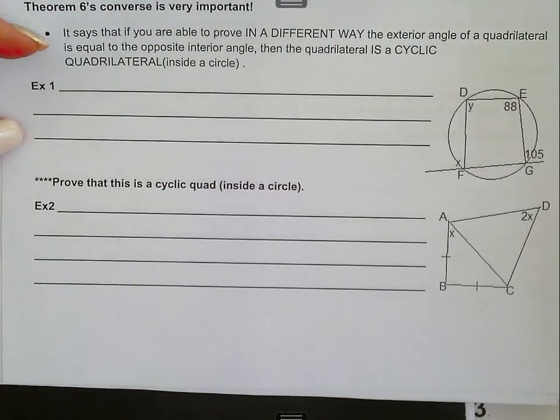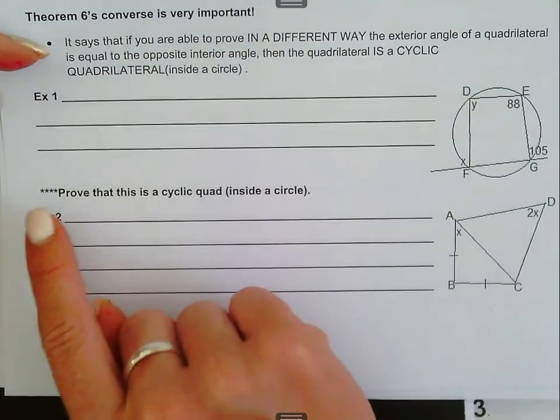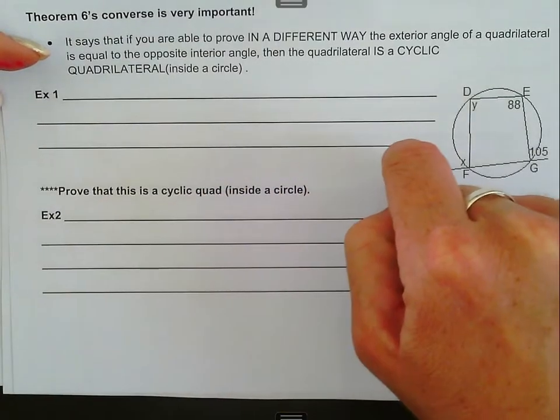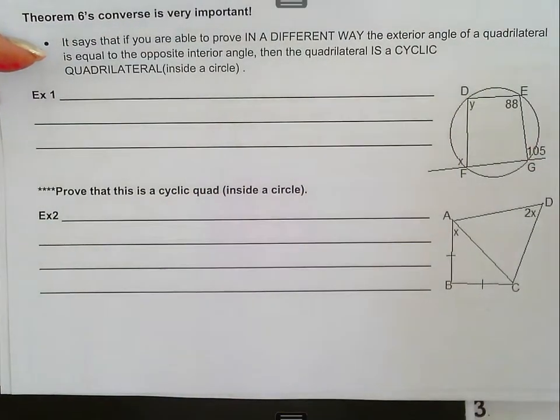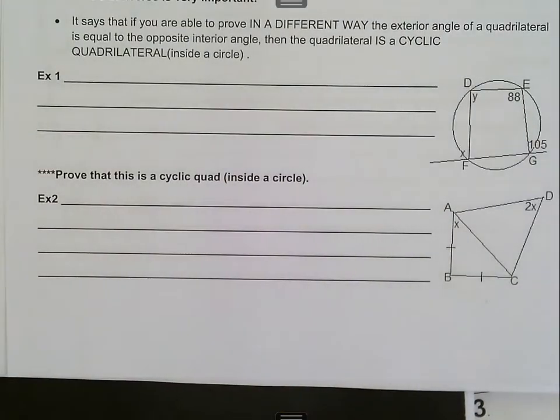Do you understand? When they say determine whether this is a cyclic quad, then it might be a cyclic quad, but it might also not be. It's not set in stone that it is or it isn't. You're going to have to go and see which way it's going. Don't lie. Okay?